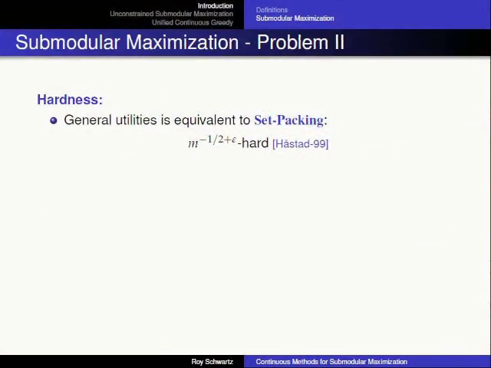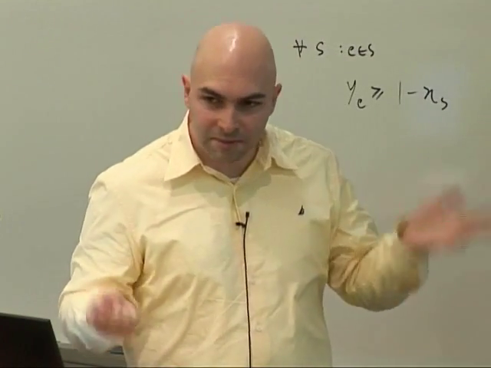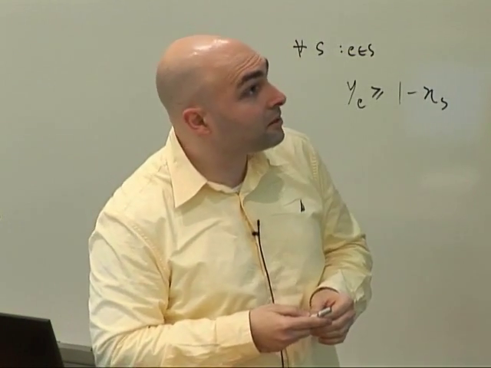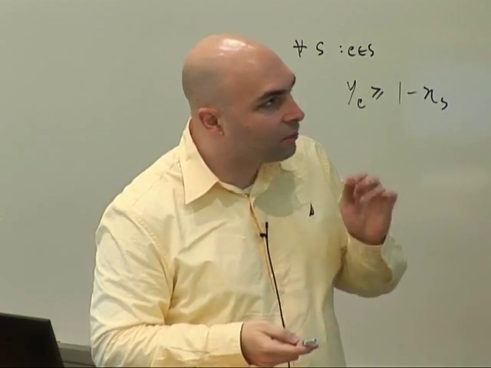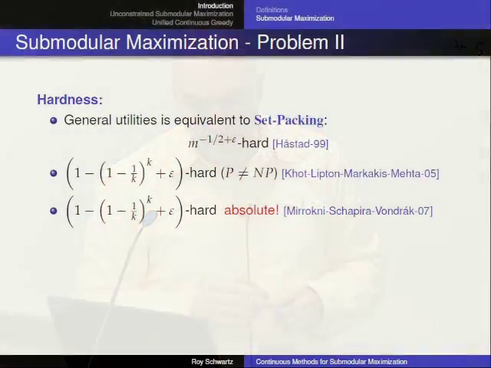So what is known about hardness? First of all, you might ask, why do we look at submodular utilities and not general utilities? Submodular utilities are common in economics, so it makes sense. But if you look at general utilities, then you can show that this is equivalent to set packing, and you can't hope to gain anything meaningful here. So what is known in terms of hardness for the submodular case?